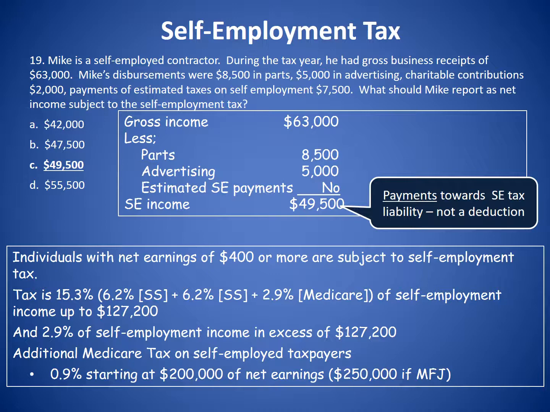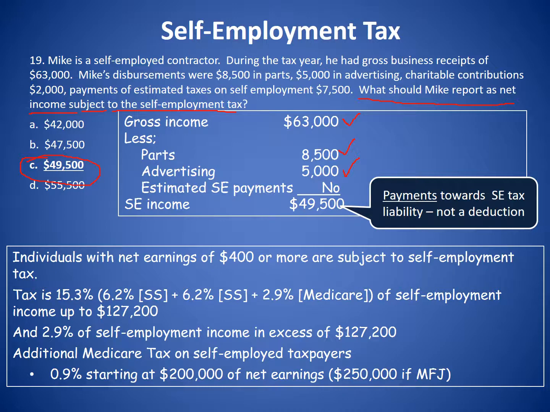Okay, the answer to number 19 again. The question is, what should Mike report as net income that is subject to the self-employment tax? So the answer in this case is C, $49,500. What we can see is we start off with Mike's gross income of $63,000, and then the parts that he spent for his business work, and also the advertising.